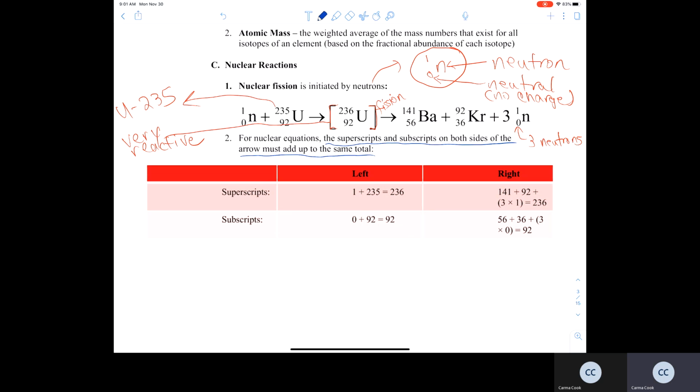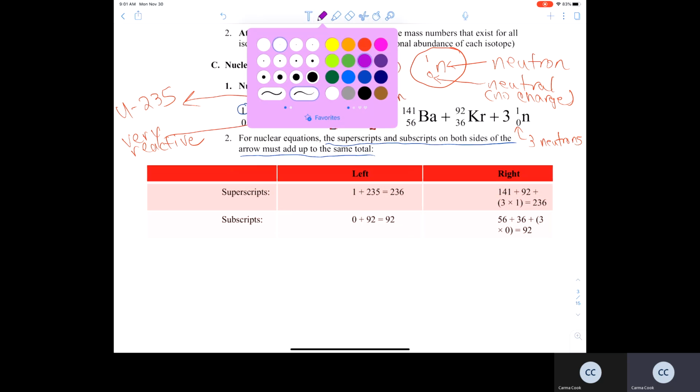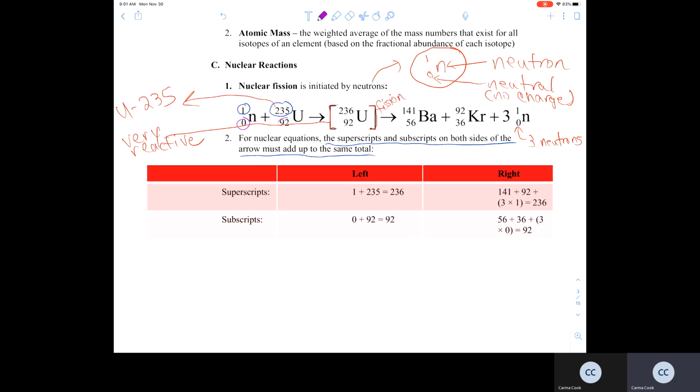So notice here for the first part of the reaction, the superscripts, you've got a 1 and a 235. So that's total 236. The subscripts, you have 0 and 92, giving you a total of 92. On the right-hand side, you've got 236 and 92. So that's totally balanced.